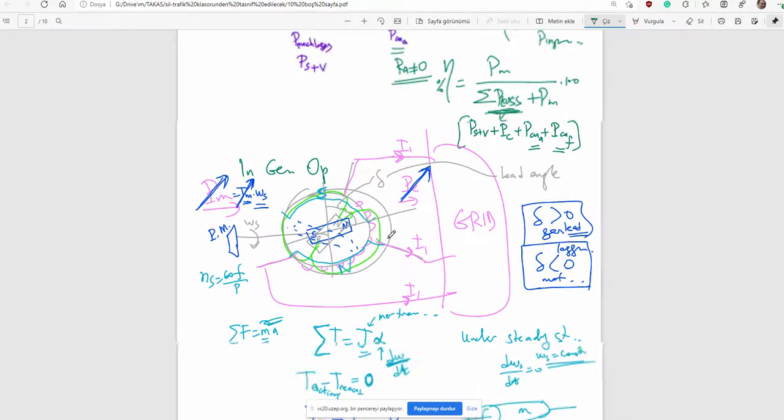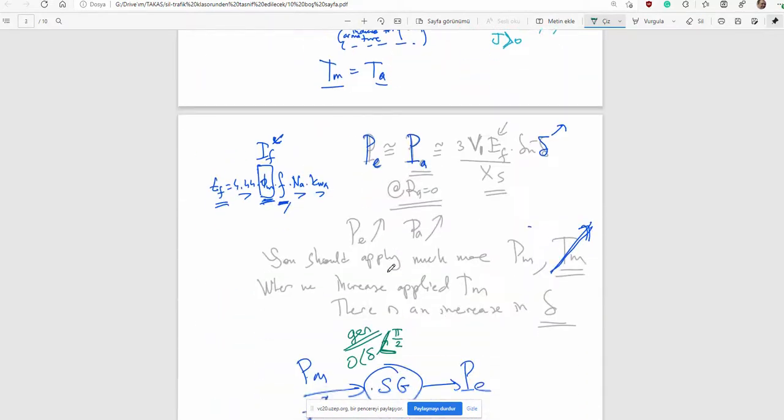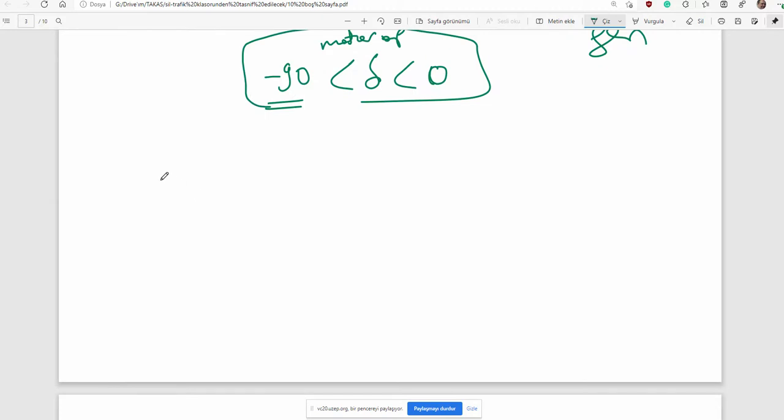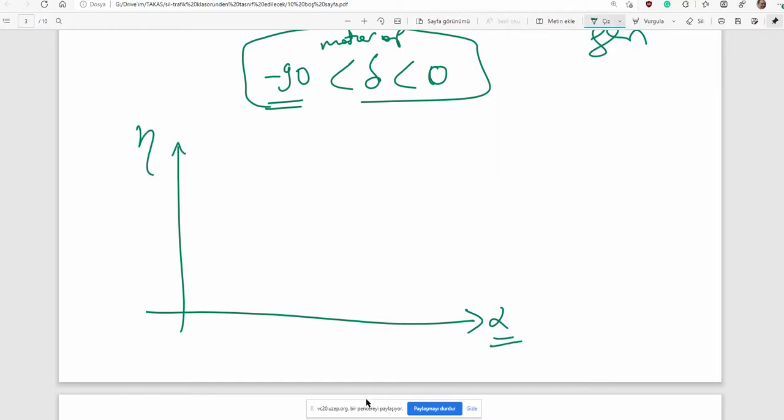So you remember from transformer theory, efficiency with respect to a loading ratio, here is I1 over I rated, which is 100% loaded.